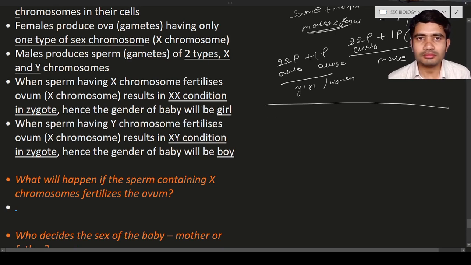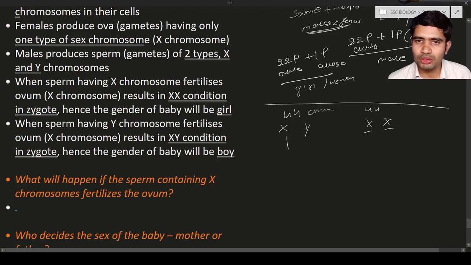The males are going to produce two types of gametes. What are the two types of gametes? They have 44 chromosomes, 22 pairs, both the same, plus X and Y. In the case of females, they have 44 chromosomes plus X and X, so the total is 46.